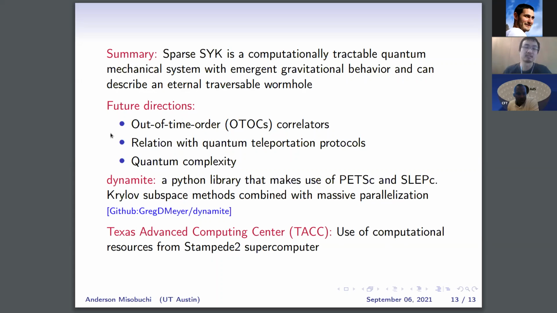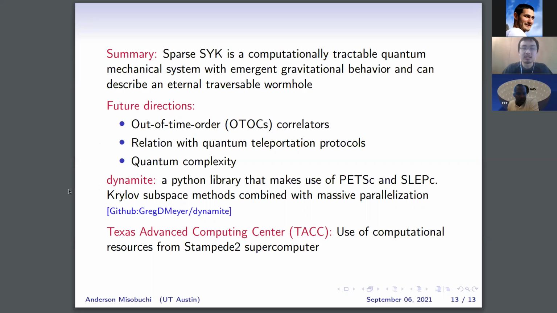There are also the out-of-time-order correlators that have not been computed numerically for this sparse SYK. And essentially any other thing that was done for the original SYK model could be done for the sparse version, and we should be able to simulate it for larger values of N thanks to the sparsity.